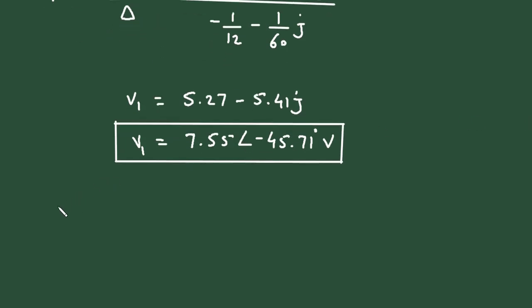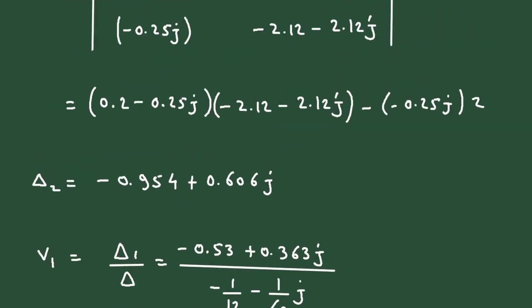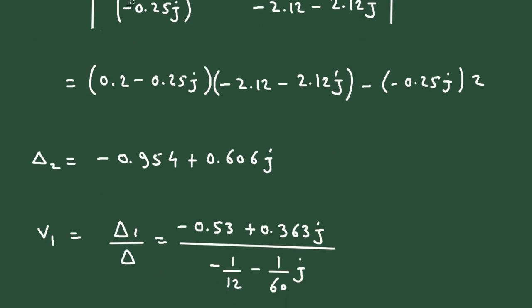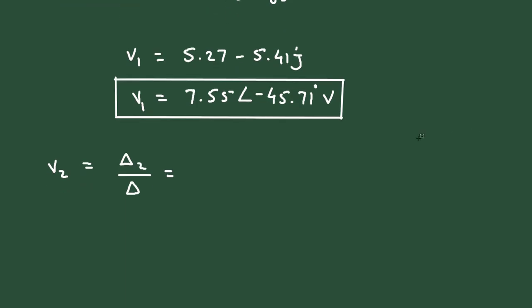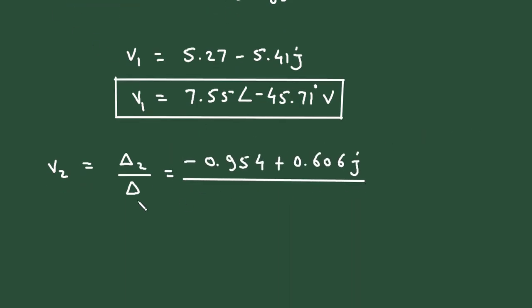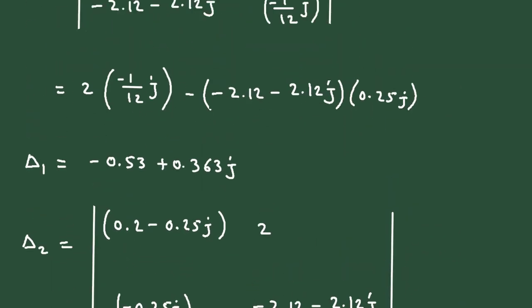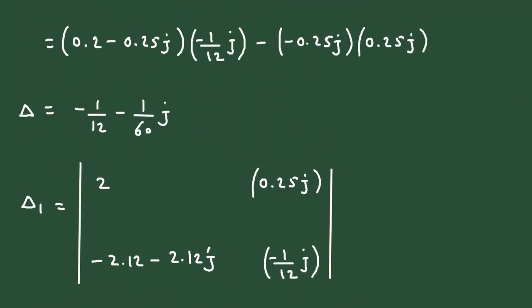Now next we have to find the value of V2. So V2 is equal to delta 2 divided by delta. The value of delta 2 is, this is the value of delta 2. Let's take this from here. Divided by delta. The value of delta is, this is the value of delta.